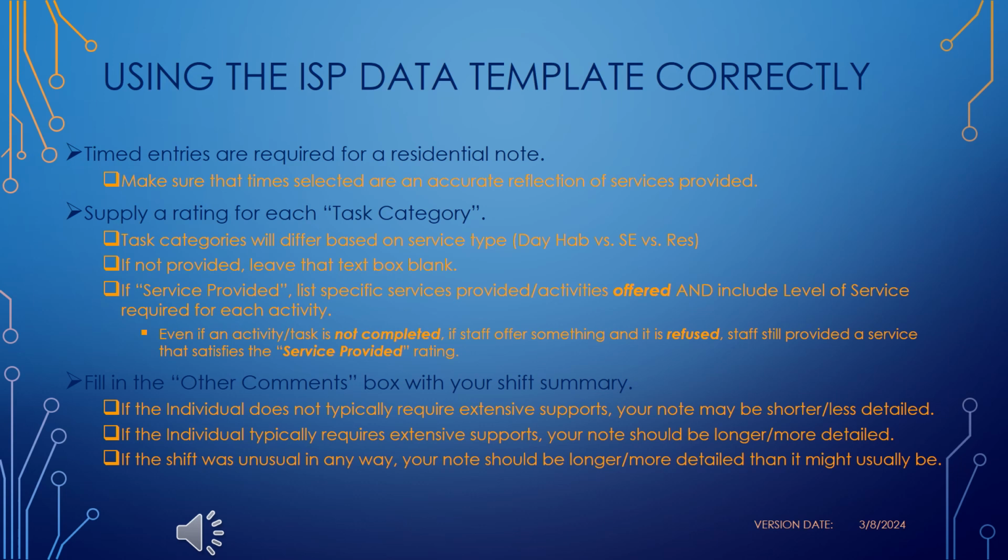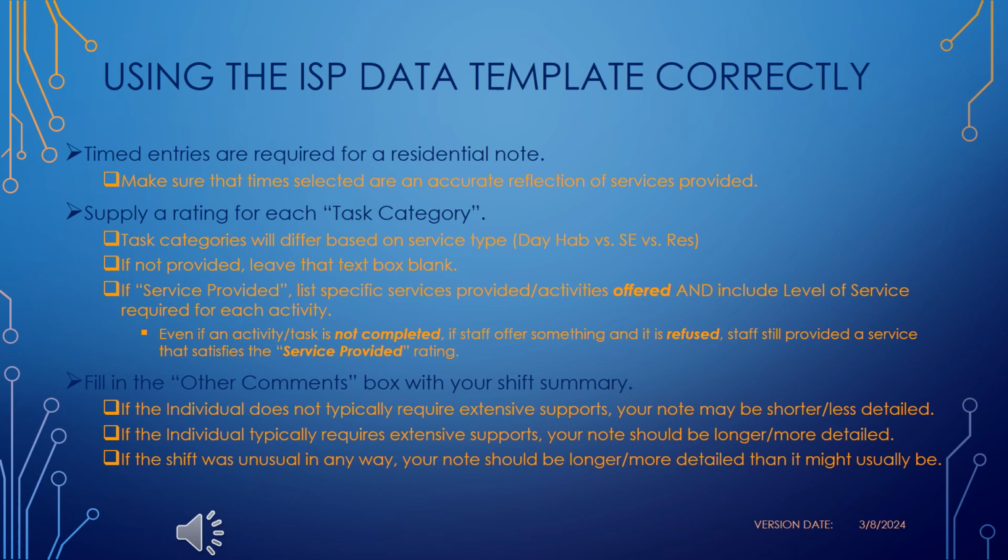If that individual does typically require extensive supports, it makes sense that your note for that person should be longer, more detailed than other notes you write. And if a shift was unusual in any way, if you have an individual who's typically fairly independent, they don't need a lot of supports or services from staff, if that specific shift they needed a higher than normal level of assistance from staff, then that note for that person for that specific shift should be longer, should be more detailed.